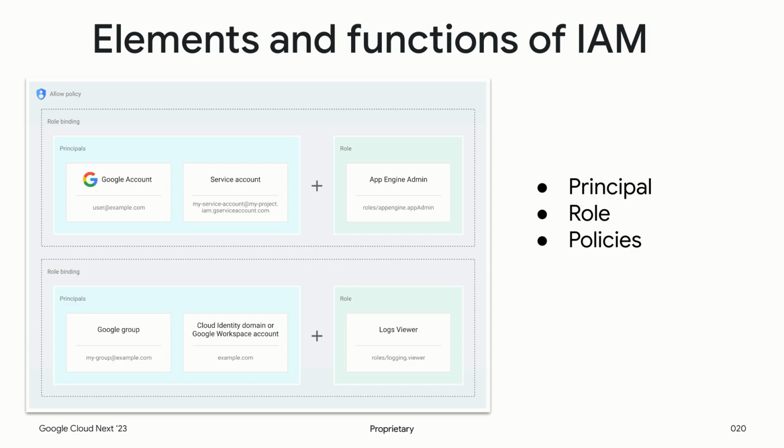Now, I want you to remember this. I want to slow it down so you can hear this. When you grant a role to a principal, you grant all the permissions that role has. Every permission that's in that role, the principal now has access to.